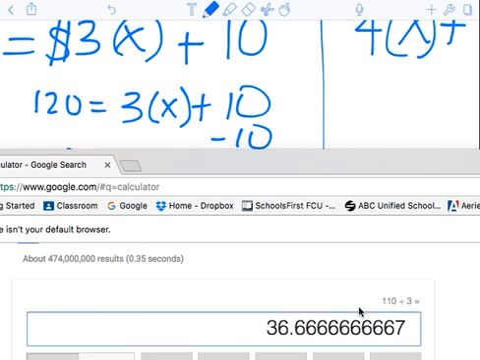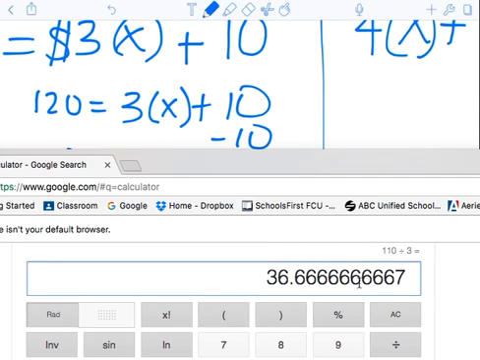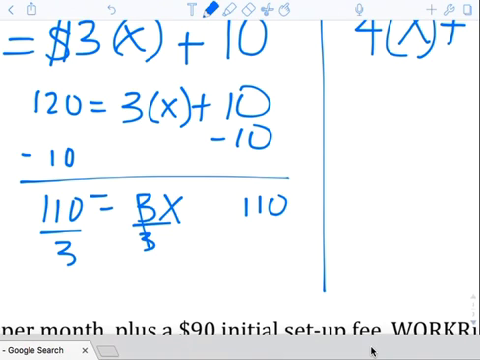Okay, we need to see how much change you get back. So 110 divided by 3 is 36. 9, 27, that's 18.